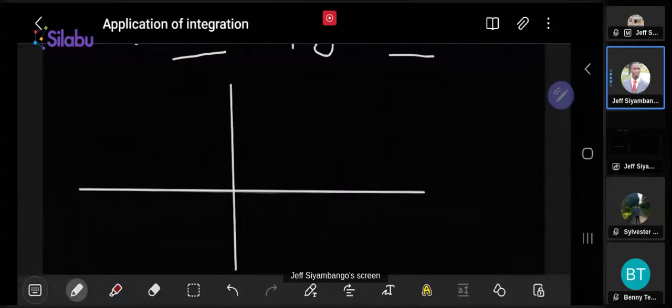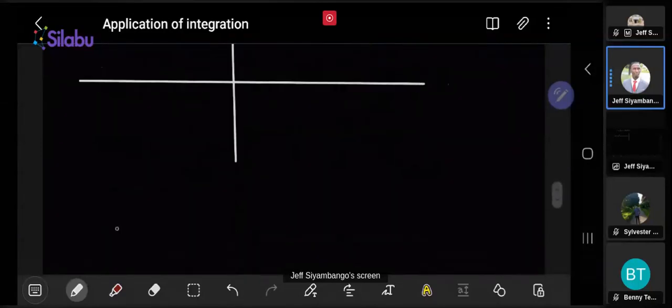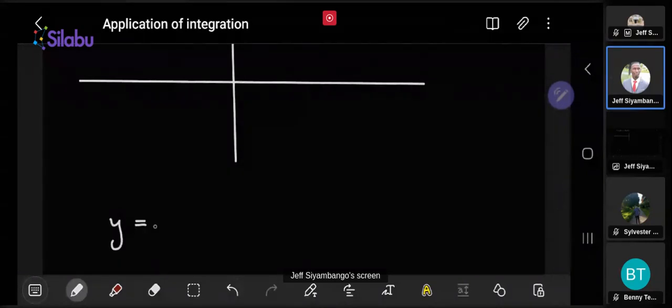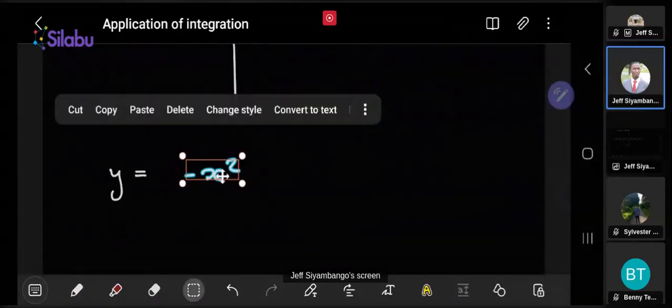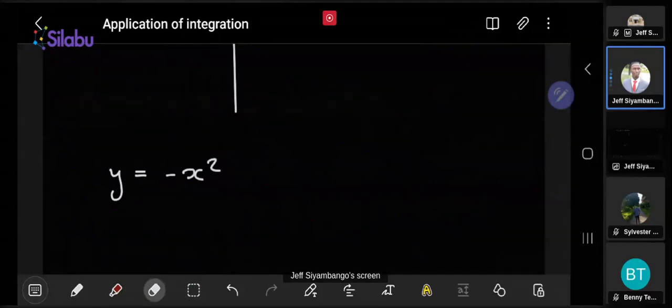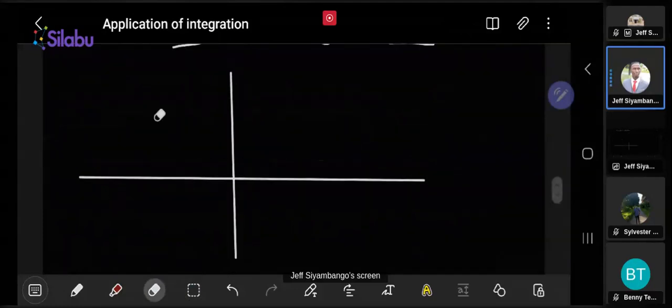So of course, notice that all these are easy to sketch. First we have, let me write it as y is equals to 2 minus x squared, the curve. To sketch this one, I'll start with just minus x squared, or perhaps even just x squared. We saw earlier that x squared opens upwards.